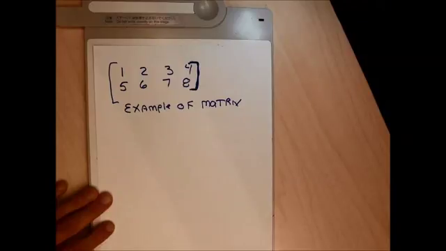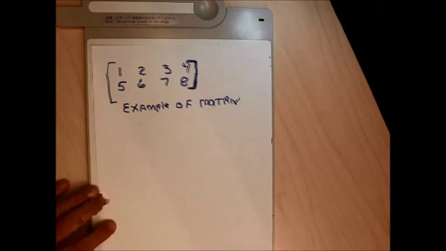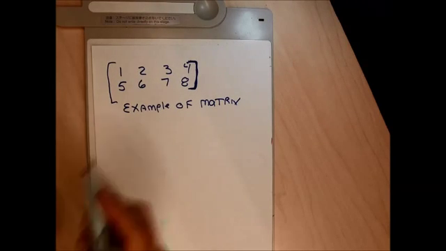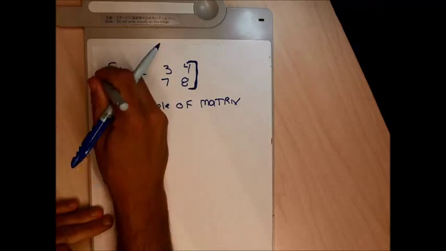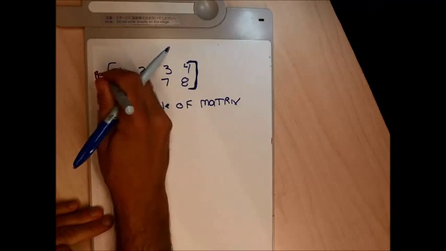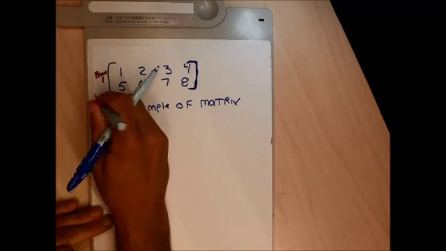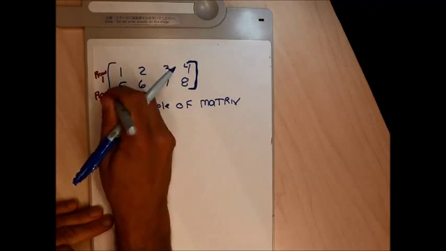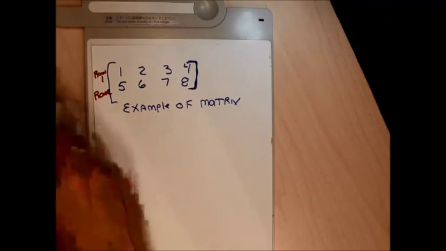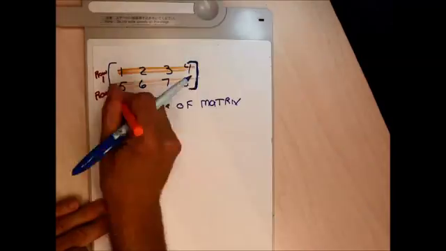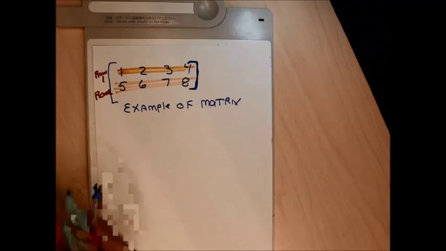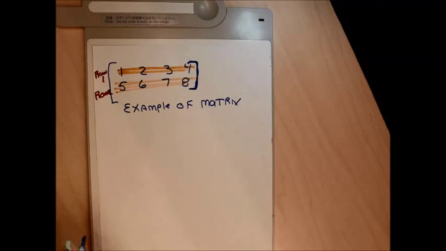And we define a matrix by its size. This matrix has 2 rows. This is going to be row 1 and row 2. So going horizontally, these are rows. This is the first row of this matrix, and this is the second row. And 4 columns.